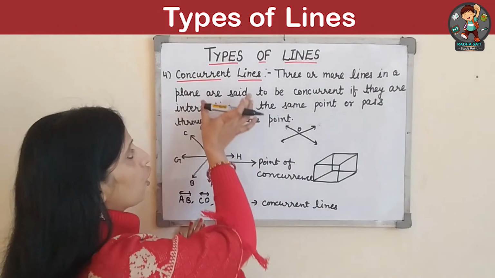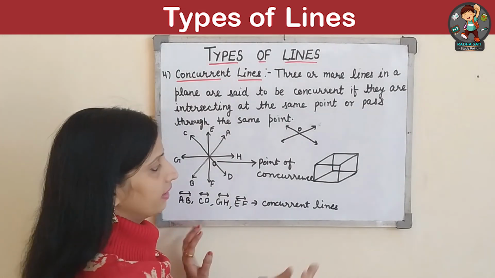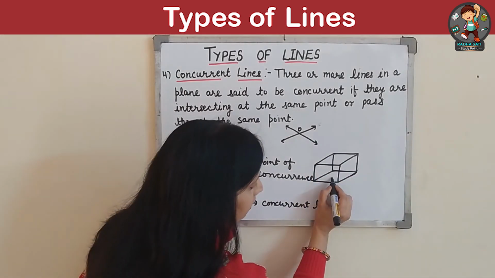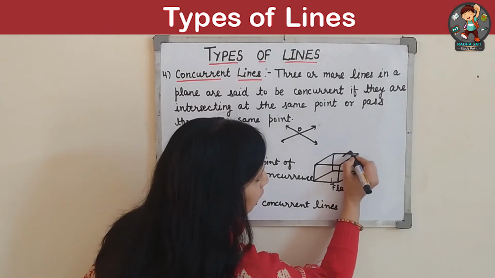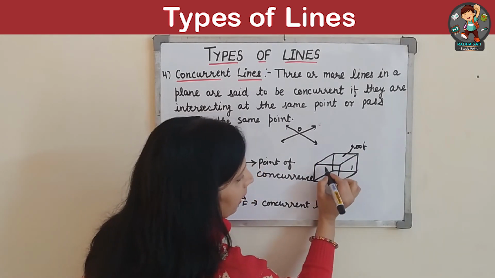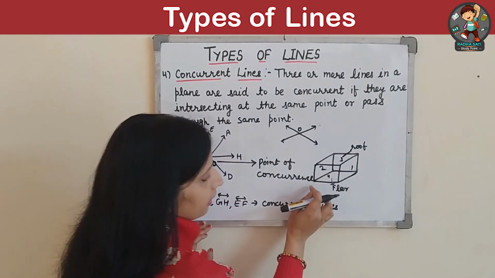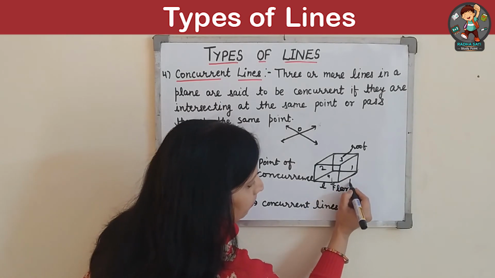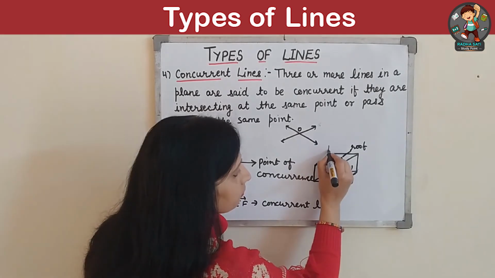The examples of concurrent lines are, for example, look around the room you are in. Here I have drawn a rough picture of a room. If this is the floor of the room and this one is the roof, and these four are the walls, 1, 2, 3 and 4. Then if this one is length and this one is breadth, this one will be height of the room.